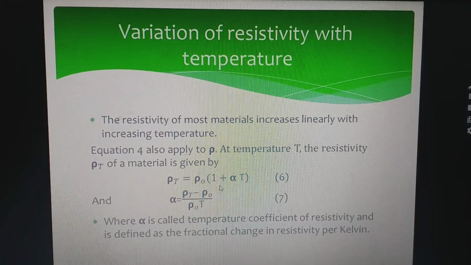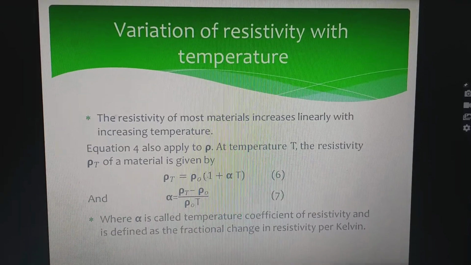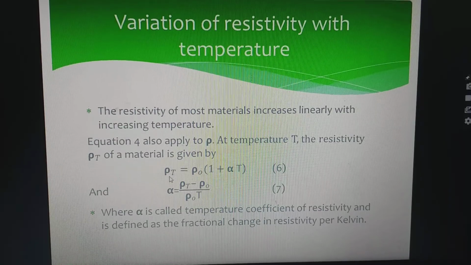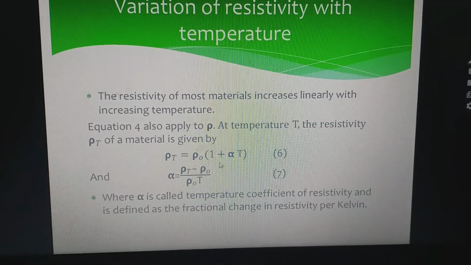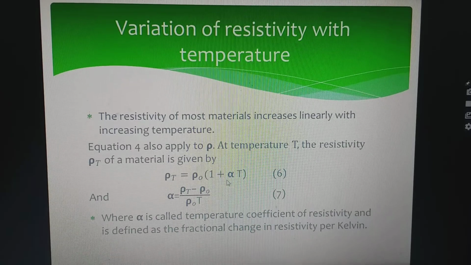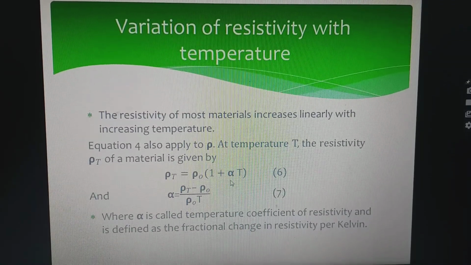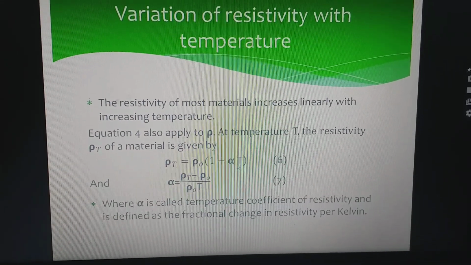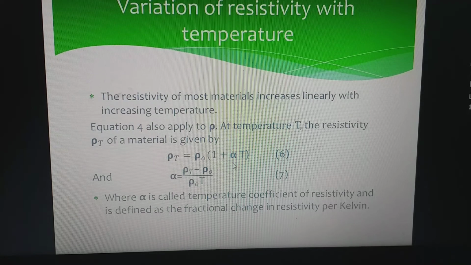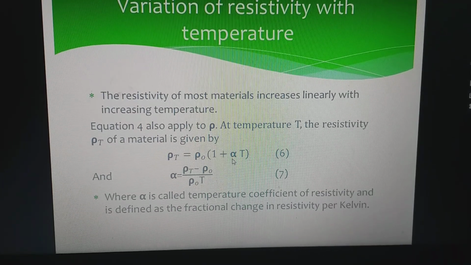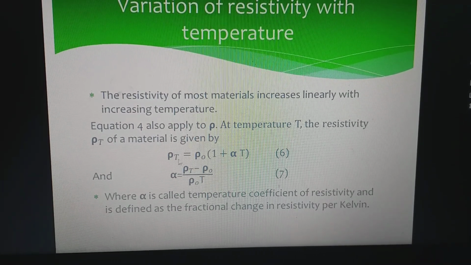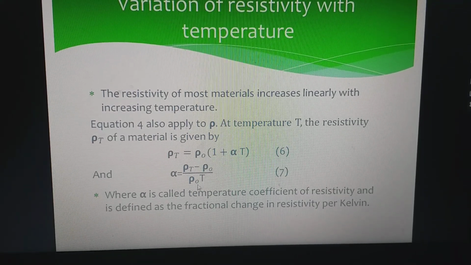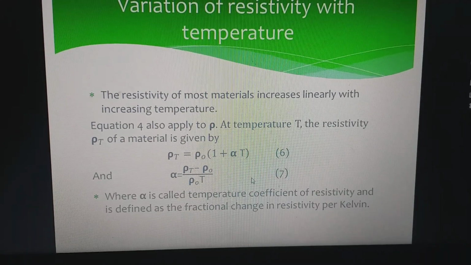So using these values in previous relation number 4, we get the relation for resistivity, that is rho T is equal to rho naught into 1 plus alpha into T. So that would be equal to rho naught plus rho naught into alpha T. So again by taking rho naught common, and solving for alpha, what we get: rho T minus rho naught over rho naught into T.